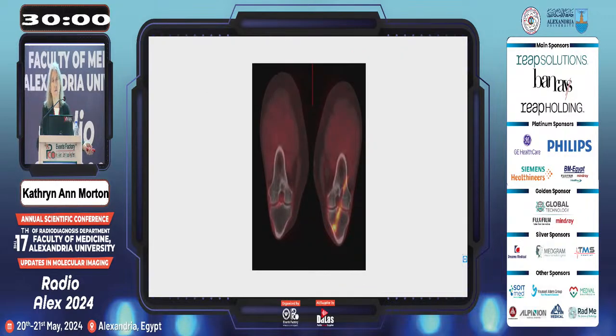Host reaction to foreign material also occurs in other situations. This is an example of a patient who had a ligamentous reconstruction of the knee, and this material showed reactive change around it. This is very common with ligamentous reconstructions and does not mean that there's infection.